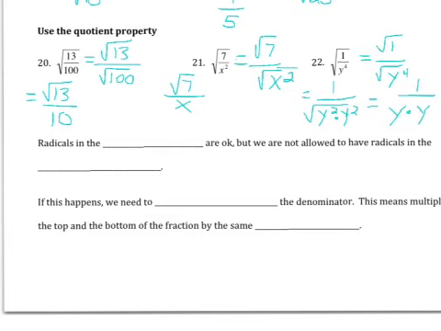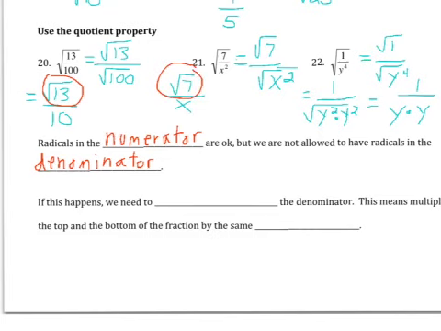As mentioned before, radicals in the numerator are okay, but we are not allowed to have radicals in the denominator. For 20 and 21 that we just did, our final answer had a radical in the numerator, which is okay, but it did not have one in the denominator, so that's a good answer.